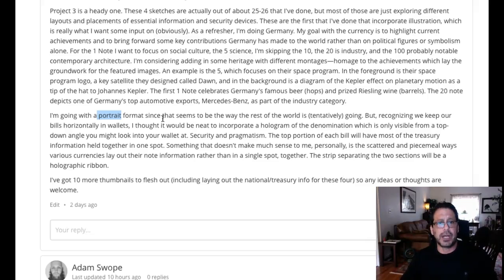So you're talking about going with a vertical orientation. And yeah, that's the way. And I'm sorry, you're saying a horizontal orientation because that's the way we put our money in our wallet. I mean, that makes sense, but it doesn't really matter because you don't look at your money in your wallet. So you could have a vertical orientation on a horizontal bill and it's still, you see what I'm saying? So that's food for thought.